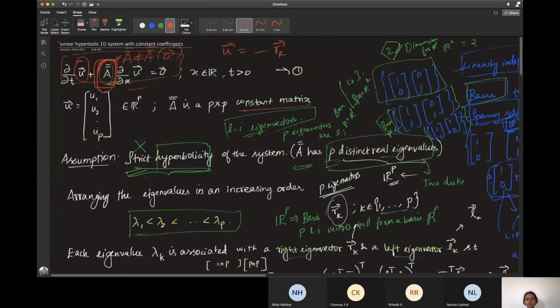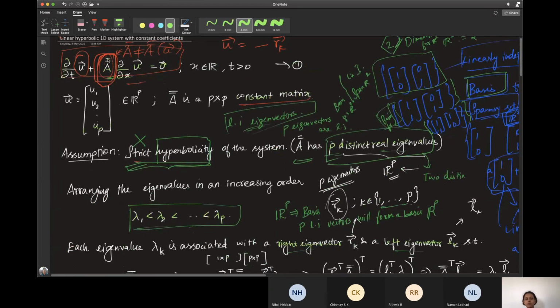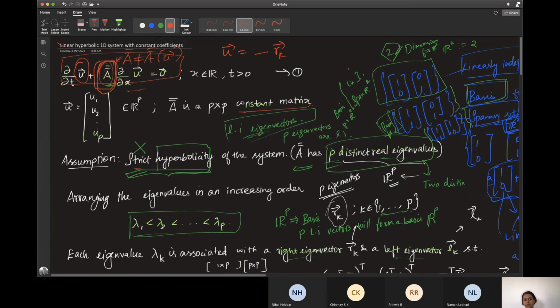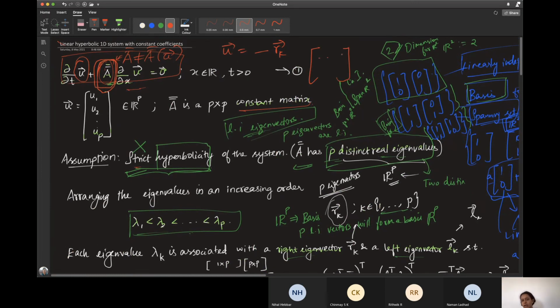Initially your system was coupled, with the full matrix A having non-zero elements everywhere. We did not have it as a diagonal matrix.